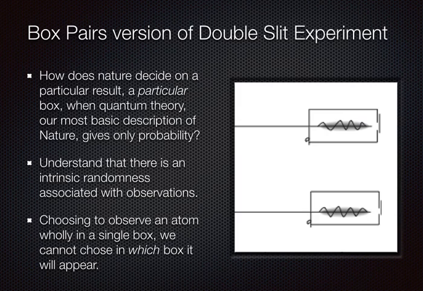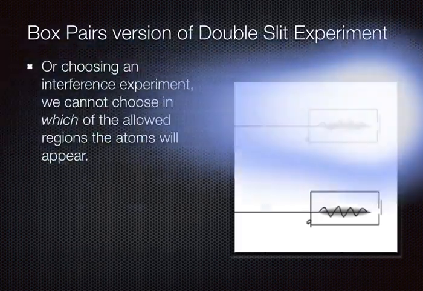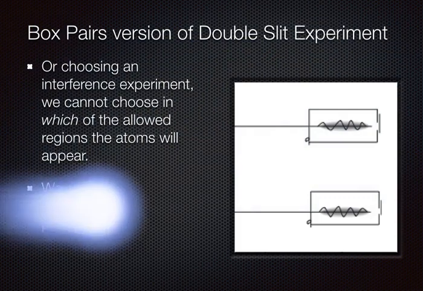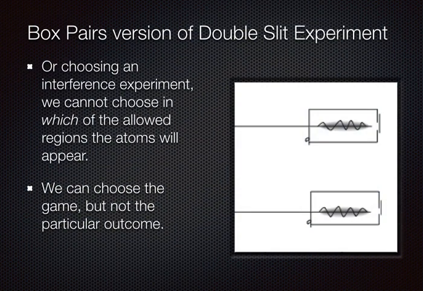Actually, true randomness can only be generated from watching atoms shoot stuff off in totally random patterns. So in an interference experiment, we cannot choose in which of the allowed regions the atoms will appear. We can choose the game, but not the particular outcome.